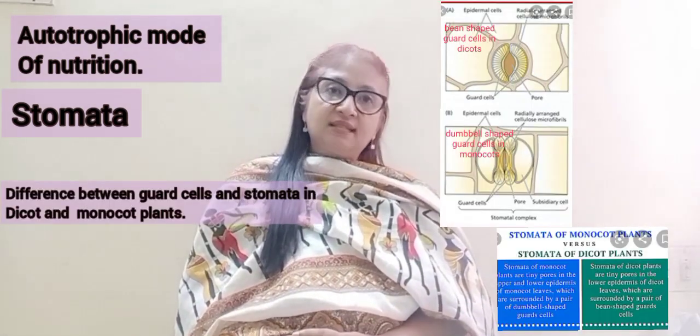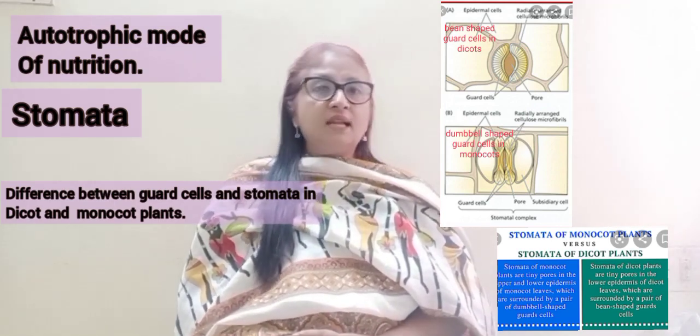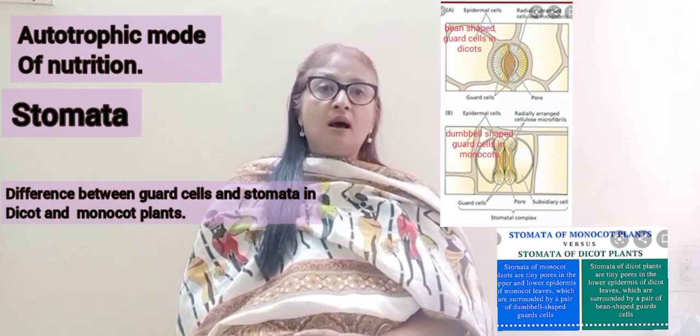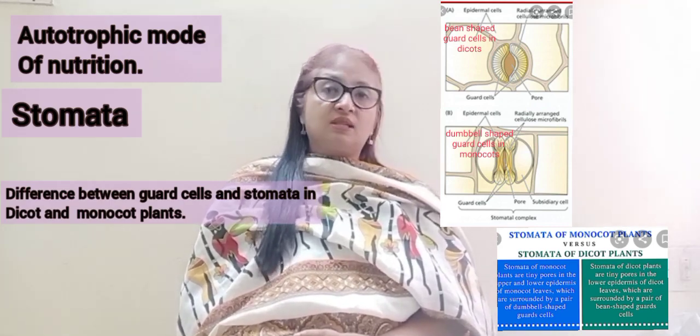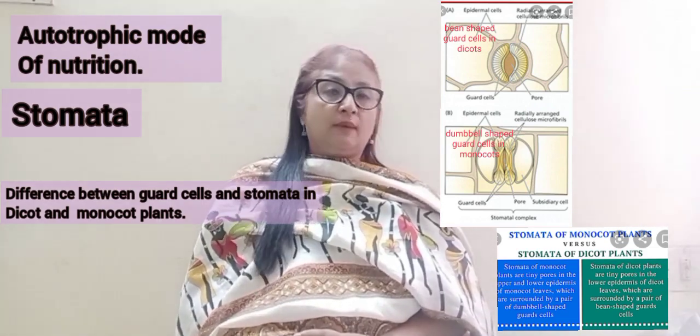Let us discuss the difference between guard cells in dicot plants and monocot plants. Guard cells in dicot plants are kidney-shaped or bean-shaped, while guard cells in monocot plants are dumbbell-shaped.